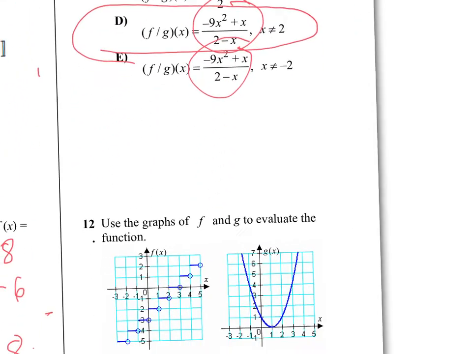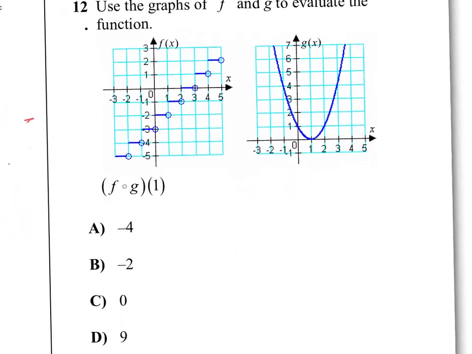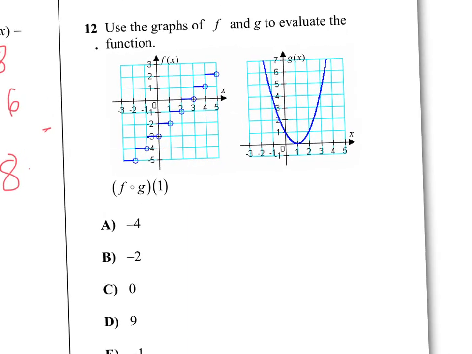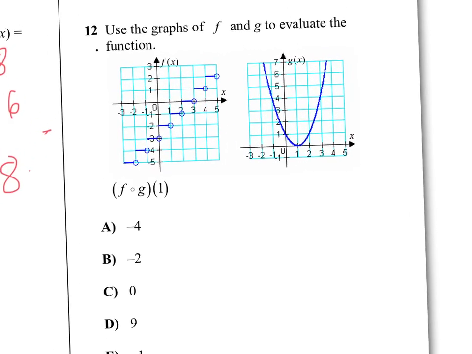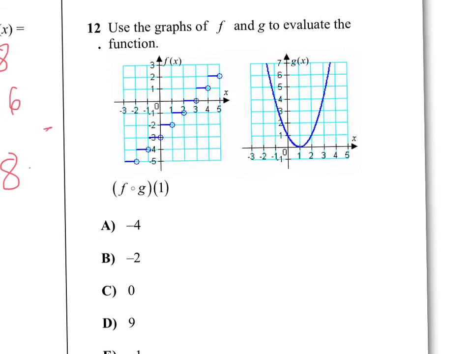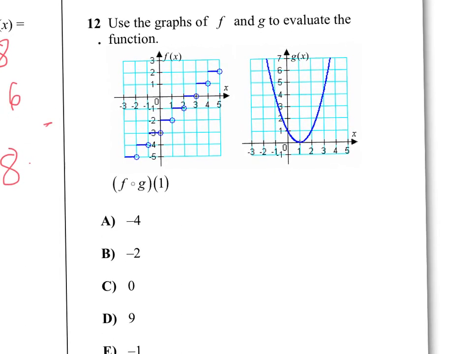Alright, we have one more on this page. Use the graphs of f and g to evaluate the function f circle g of 1. Well, this is the same thing as saying f of g of 1.